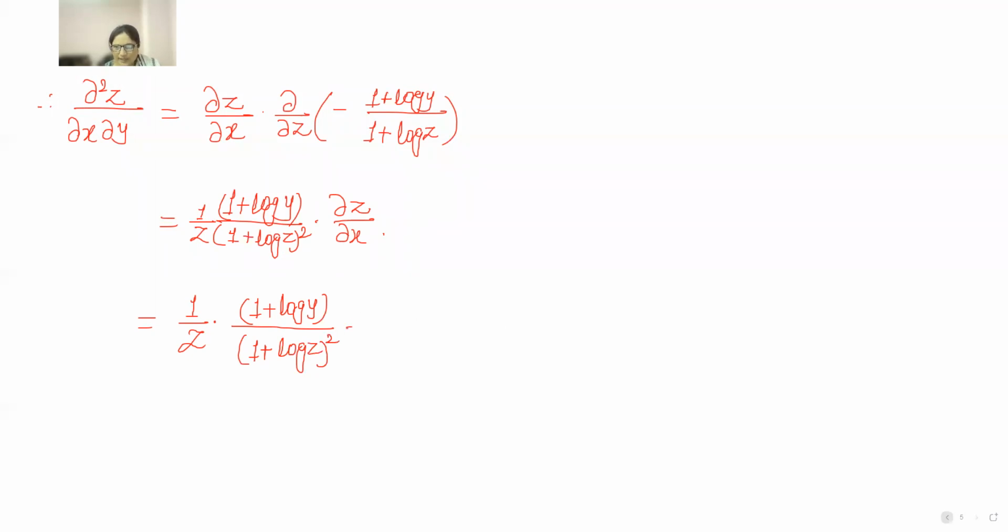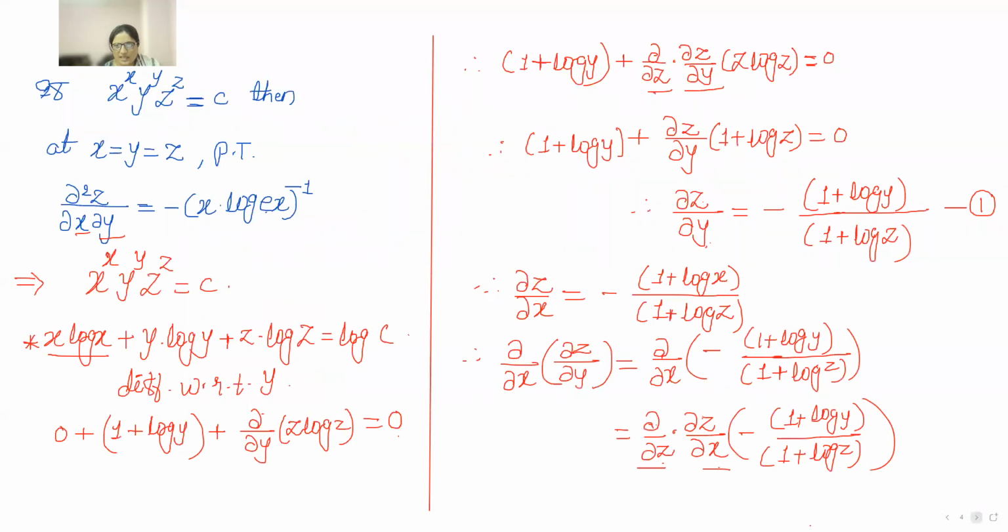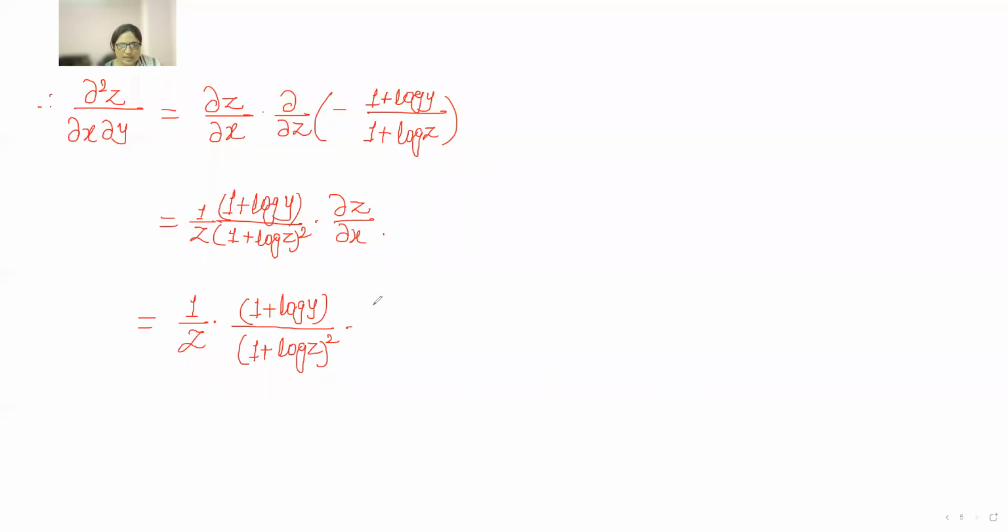Already we have calculated ∂z/∂x, that is −(1 + log x) divided by (1 + log z). Not squared, it is simply log z.